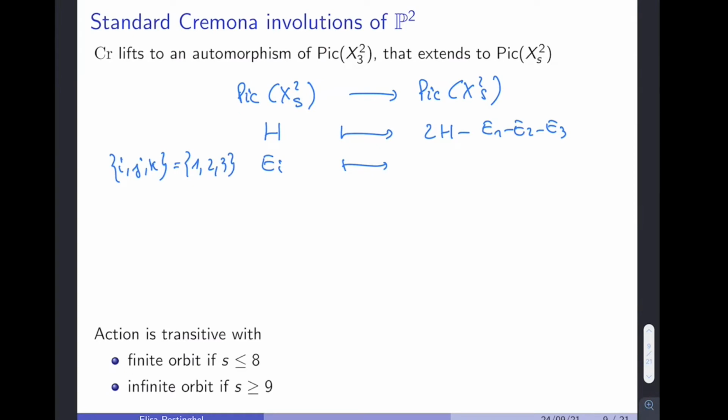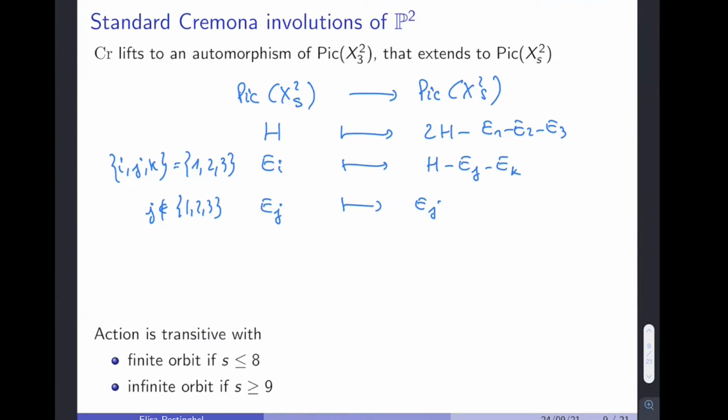So the exceptional divisor Ei goes to the line through Pj and Pk, so the class H minus Ej minus Ek, and the exceptional divisor Ej, where j does not belong to 1, 2, 3, so it's not among the 3 points where I base my Cremona transformation, goes to itself.